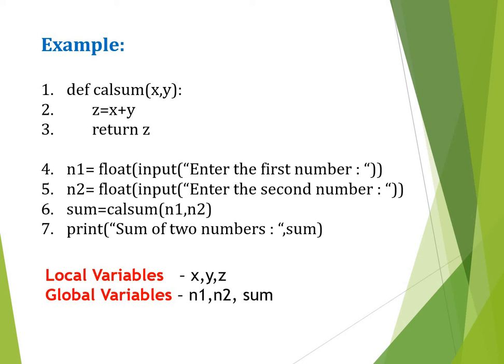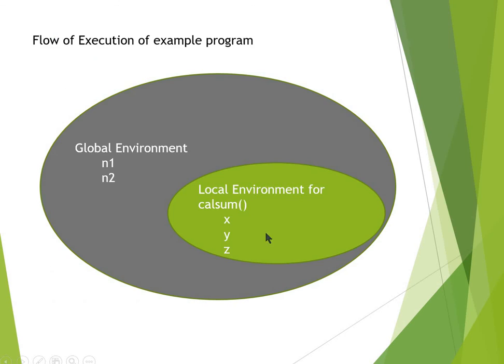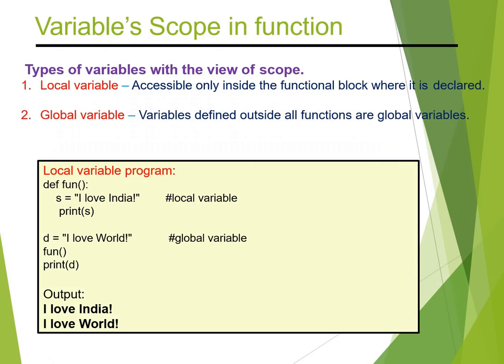After calculating the sum and printing the sum, the global environment will also be removed. So it will create an environment like this: global environment and local environment. The global environment will have 3 variables n1, n2 and sum. The local environment for calsum will have x, y, z.